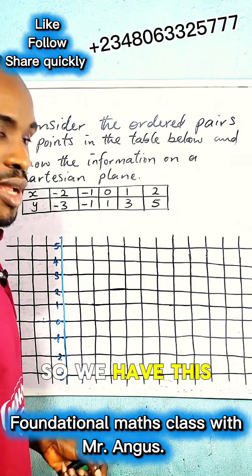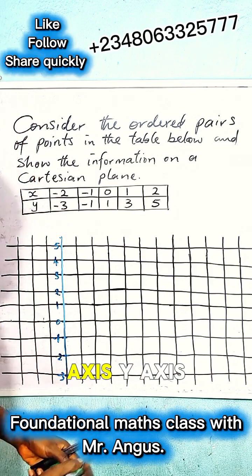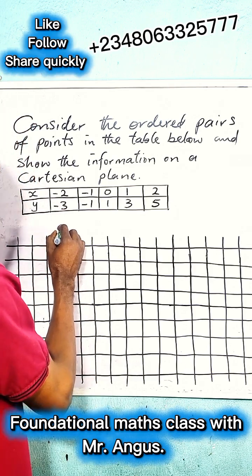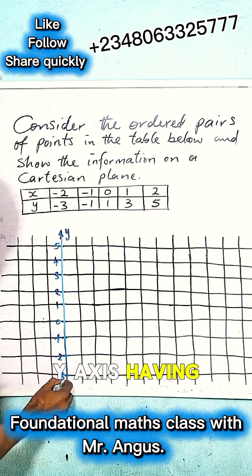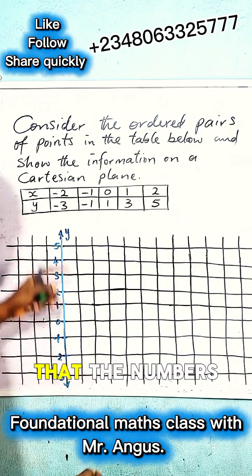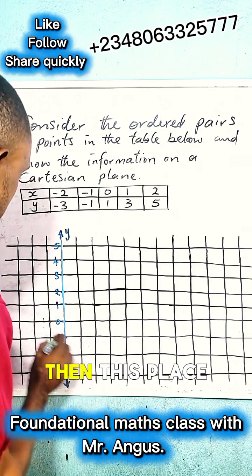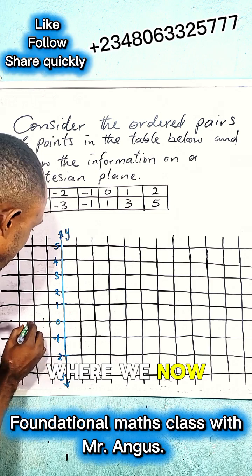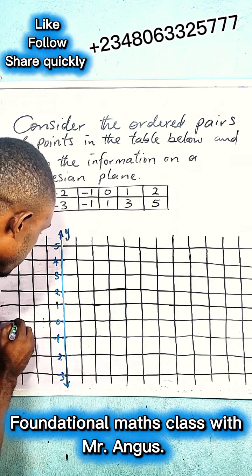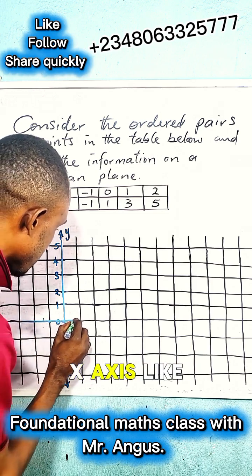So we have this as our y-axis, having the arrows up and down, showing that the numbers continue. Then this place where we have our 0 is where we now have the x-axis. We have the x-axis like this.